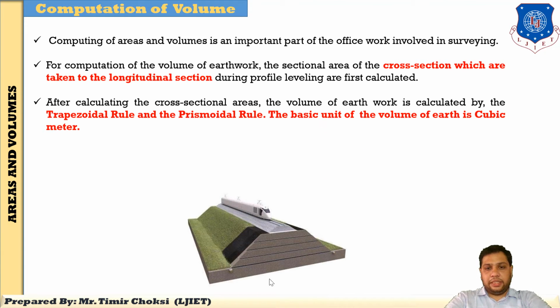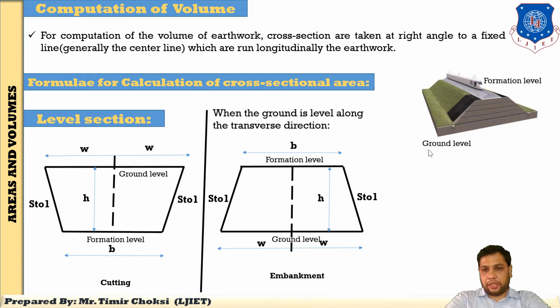So here this is the embankment, because this is our ground level, clearly written here as ground level, and this is the formation level. You fill this height with sand or soil and reach the formation level. So you can clearly see our project or road profile is at the formation level.